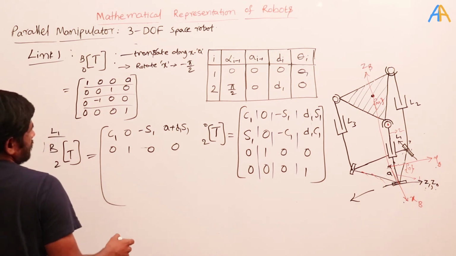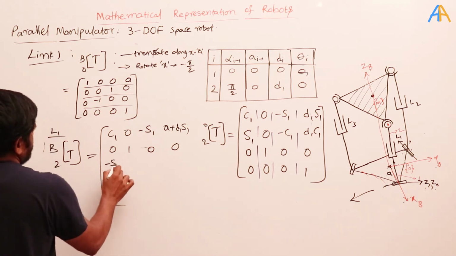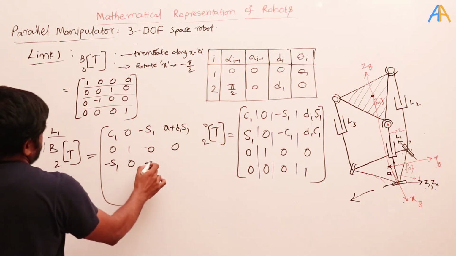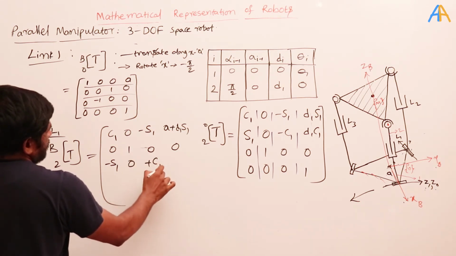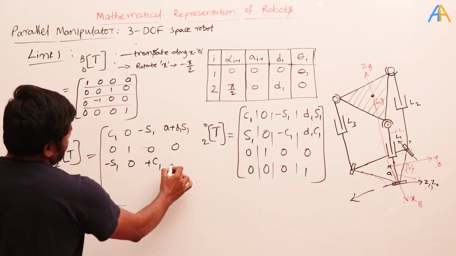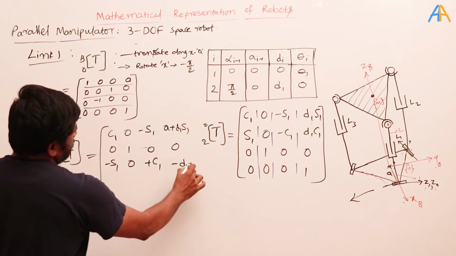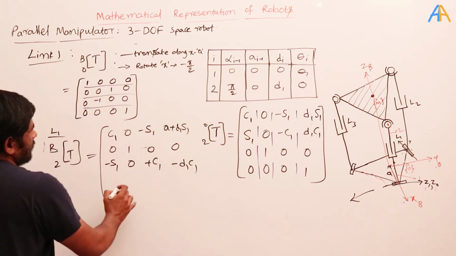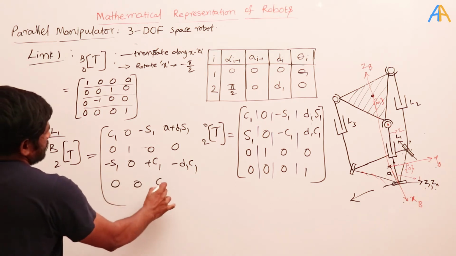Okay, and then here minus S1, and then 0, minus into minus plus C1, and the final one is here minus D1 C1. Okay, minus D1 C1, and the last row is 0 0 0 1.